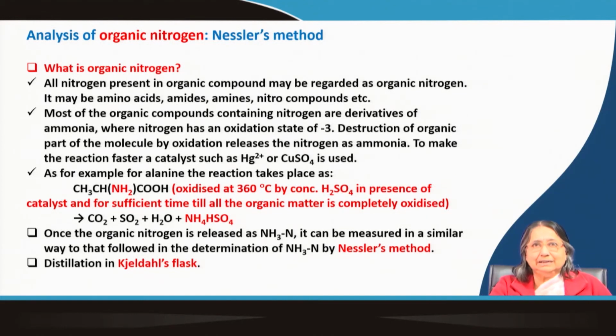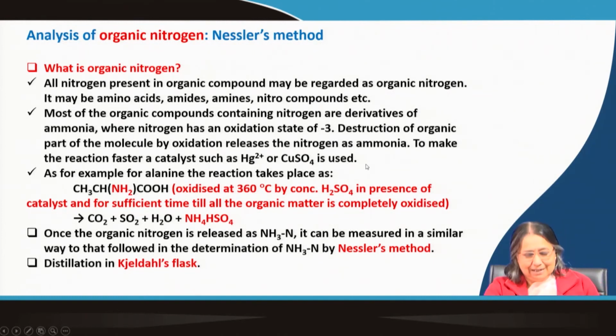There it is not oxidation, but at a later stage, to make the reaction faster, a catalyst is used. This is the decomposition. It is a very complex molecule, so you are degrading it, decomposing it to ammonia. It is a very tough job, so it takes time also. To make the reaction faster, a catalyst such as mercury 2 plus or copper sulphate is used. This is a catalyst.